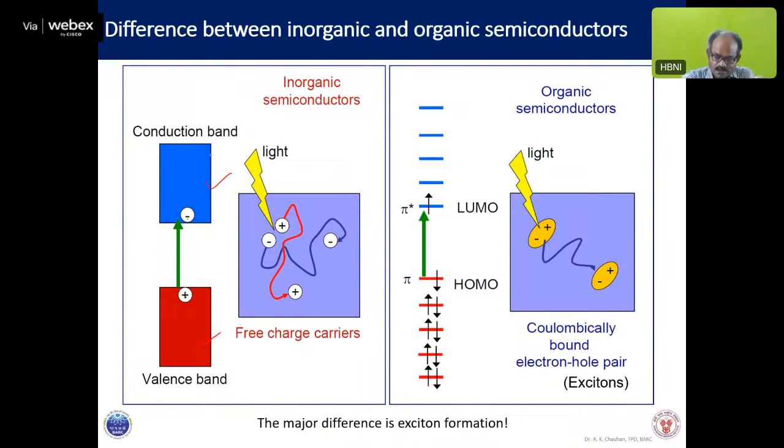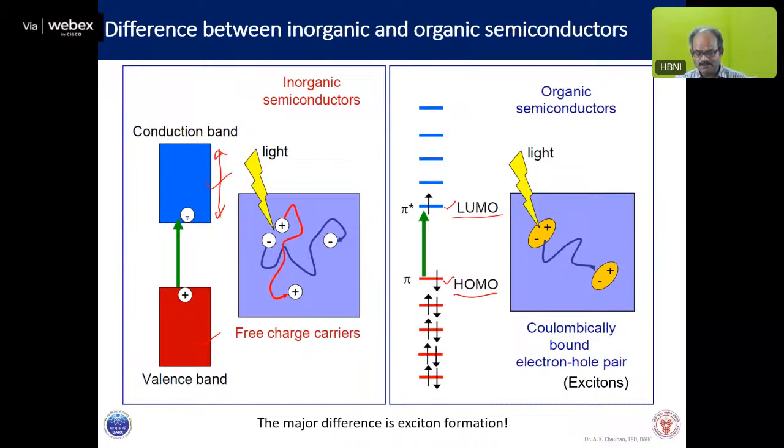The thickness is very small, because it depends on how many molecules are there in that cluster. That we have understood from the first lecture. So now you have one level here and another level here. The lowest one is called the highest occupied molecular orbital, and the upper one is called the lowest unoccupied molecular orbital.